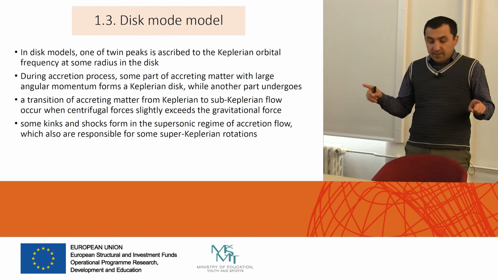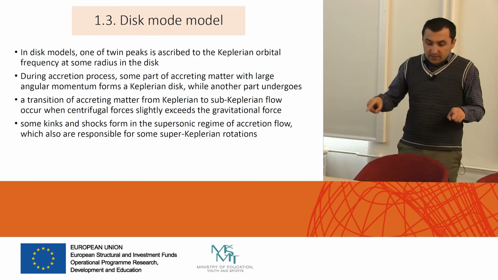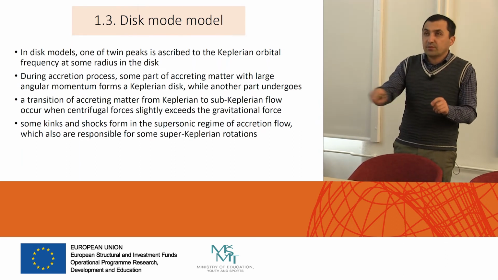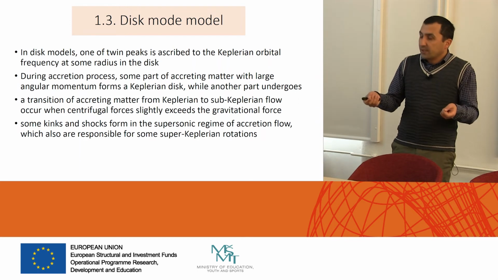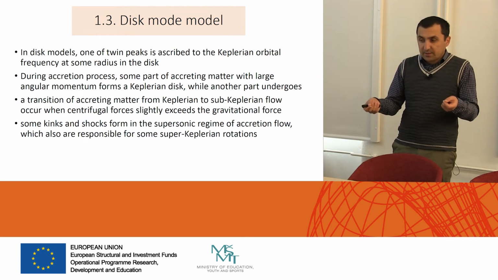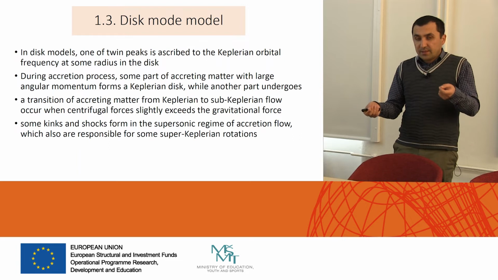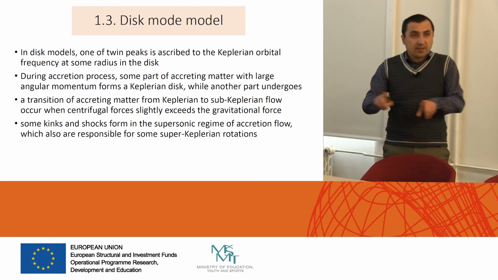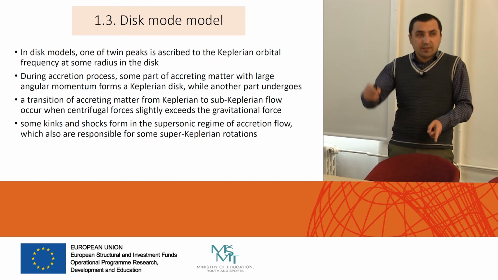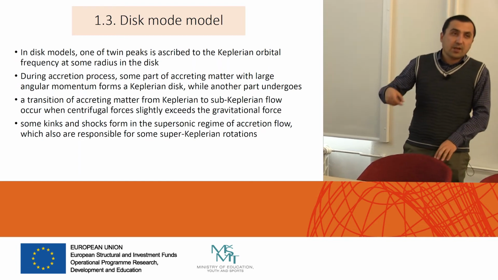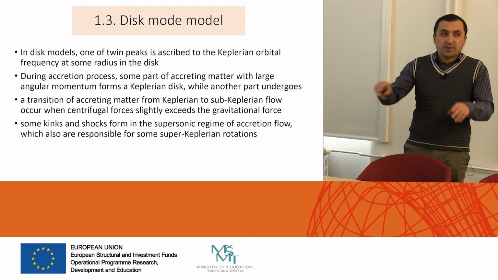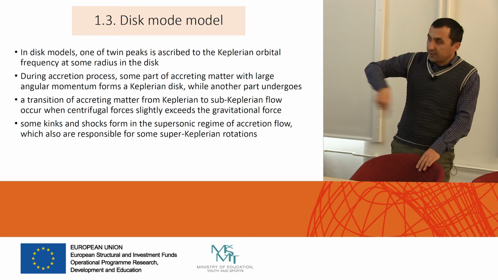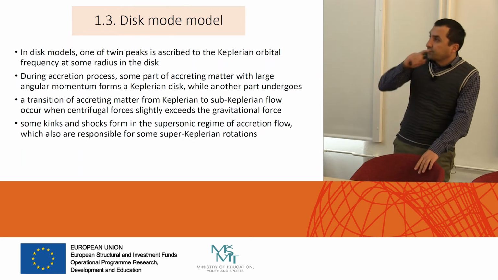So in the stable circular orbit around the neutron star, the centrifugal and the gravitational forces are in some equilibrium limit, taking into account the Lorentz force and the angular momentum of these particles.